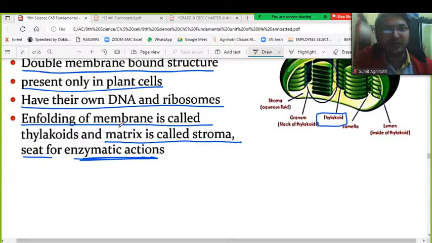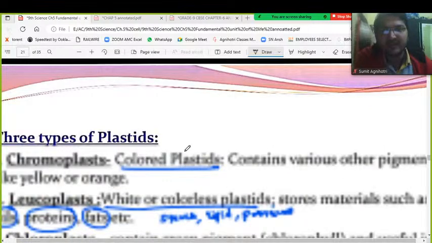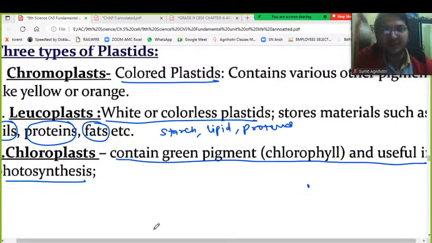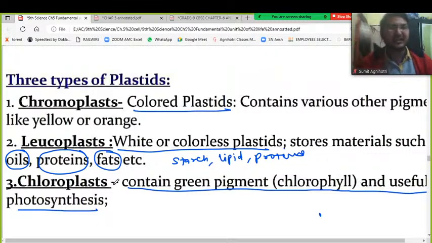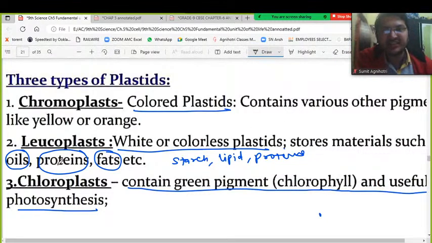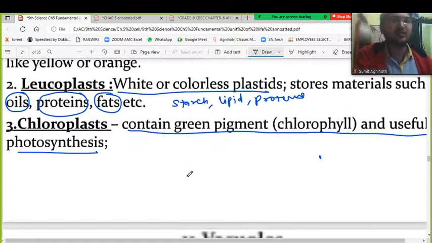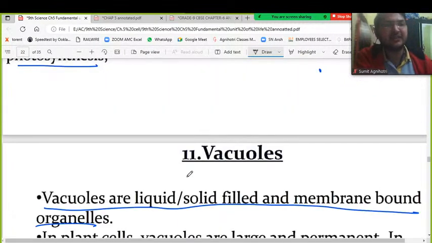There is an infolding of membrane called thylakoids, and the matrix is called stroma, the seat for enzymatic actions. Chromoplast is the colored plastid, and leucoplast is colorless. It stores materials such as oils, proteins, fats, and the green pigment chlorophyll is present, which is helpful for photosynthesis.